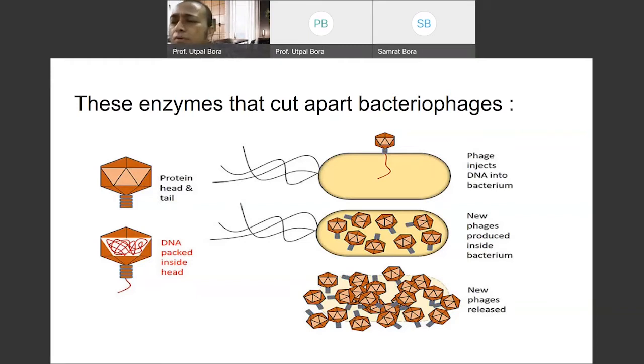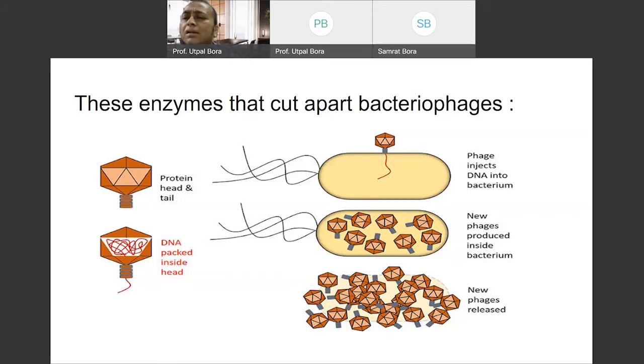This has been going on for as long as evolution has been happening. You can see that the DNA is being injected, and as the cellular machinery of the bacteria is hijacked by the viral DNA, it starts producing the different parts of the virus, and these bacteriophages are produced inside the bacterium.